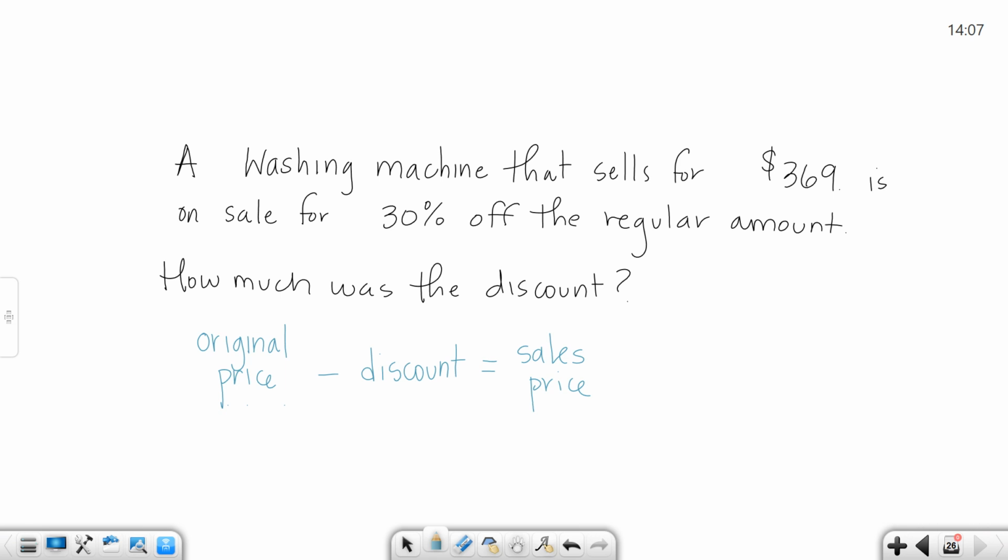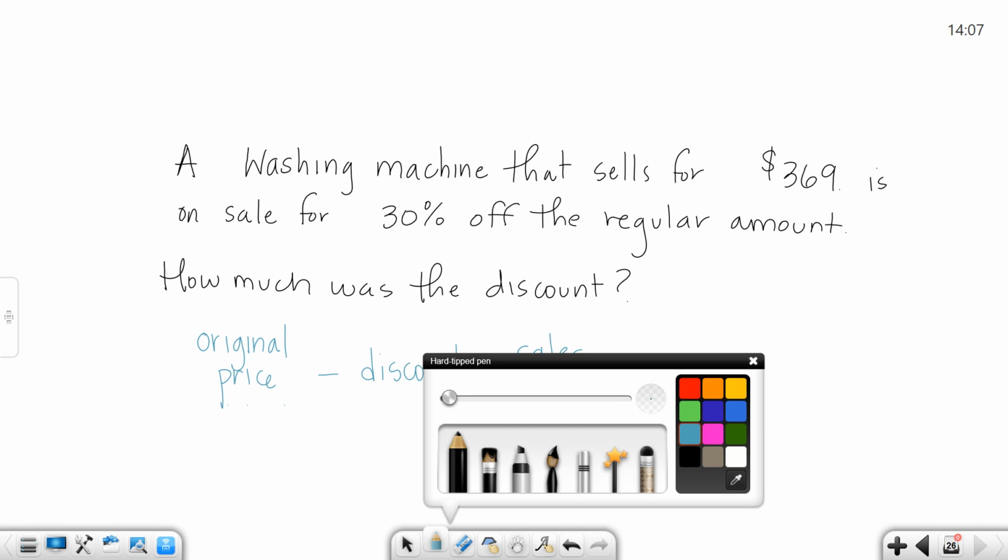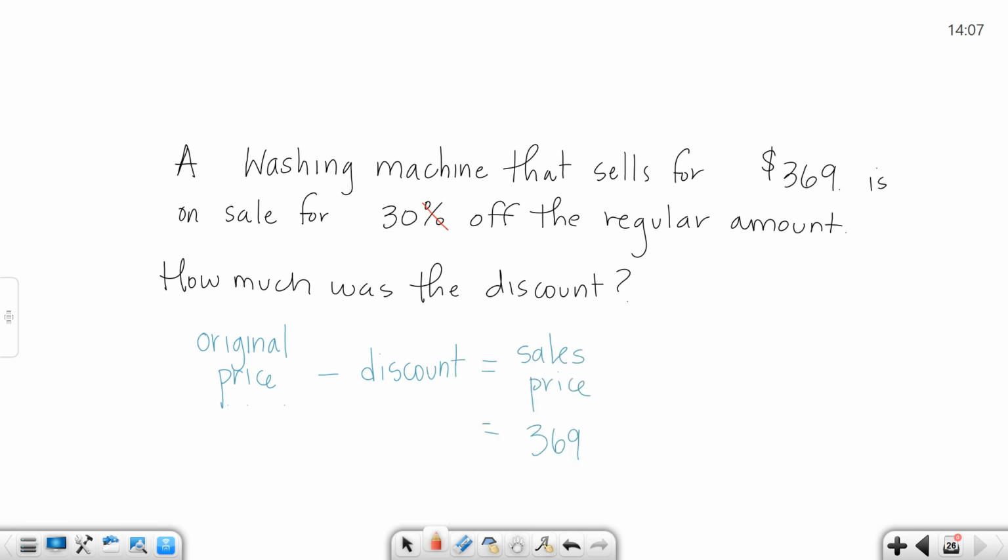Now, it tells you that the washing machine sells for $369. It's on sale for 30%. Okay? So remember, if it's 30%, you're going to move it 2 places to the left. So that's 0.30.